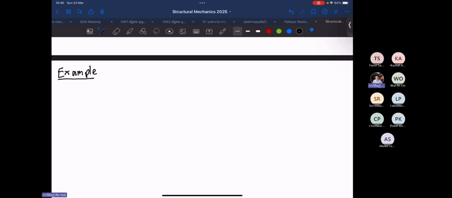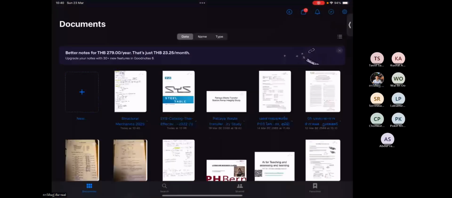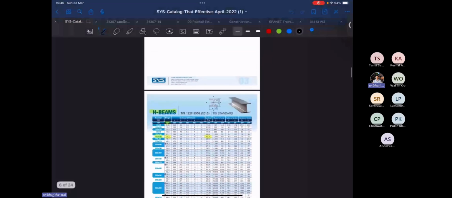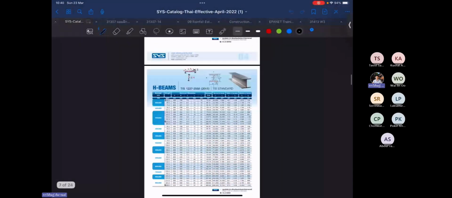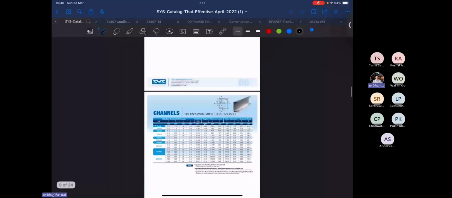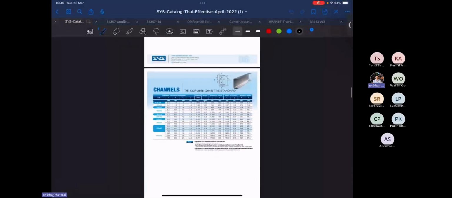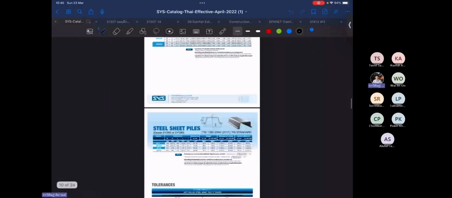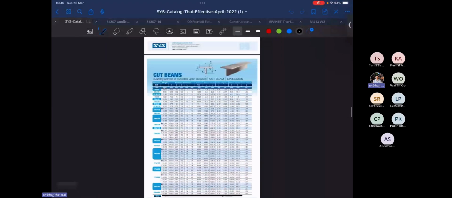I will use the real one to show you. I think there are many of these H-beams in the class material, so I will use another section. Let's use this cut beam.